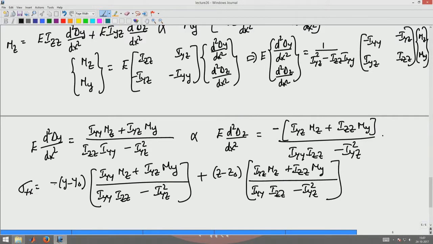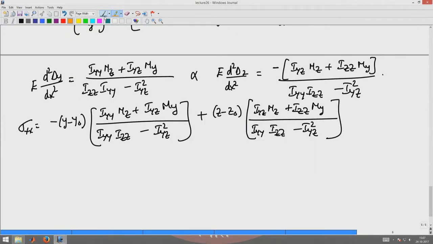Here the negative sign comes because it is minus (y minus y naught) into E times d square delta y by dx square. Here it is minus E times (z minus z naught) into d square delta z by dx square, and hence this negative sign does not propagate into here. So, that is the expression for stress.